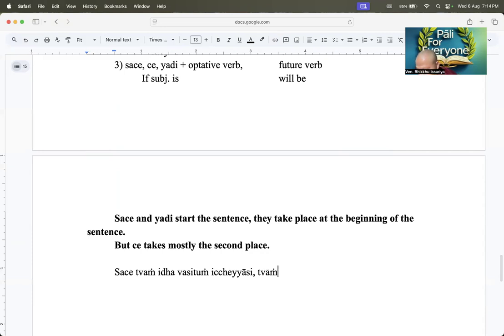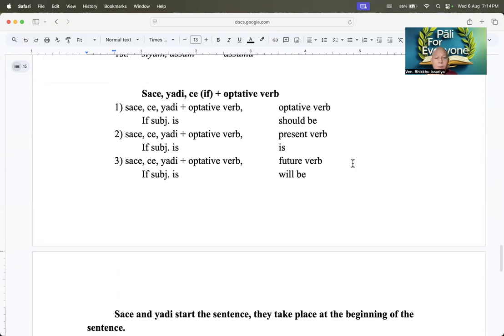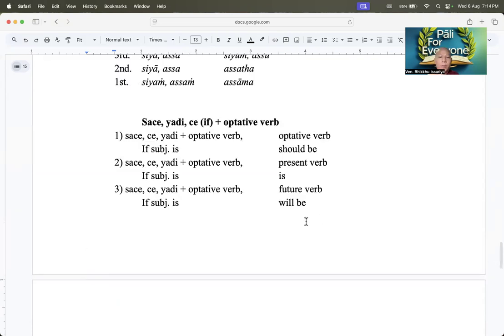So an optative verb can also be found there. In that example, there is a present verb or optative verb with the other one, so not only the one, the other one also.